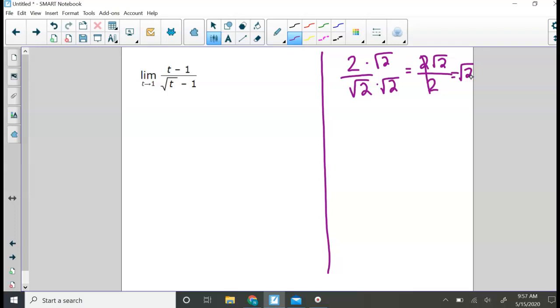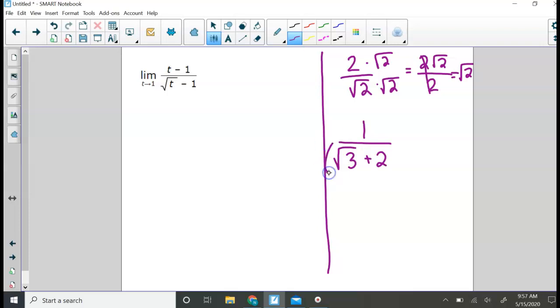However, there's another type that I think you looked at in Math 3, and it would be something like this. If I had 1 over the square root of 3 plus 2, like that, then I have a square root in the denominator and I want to get rid of it. So in order to get rid of it, I have to multiply by the conjugate.